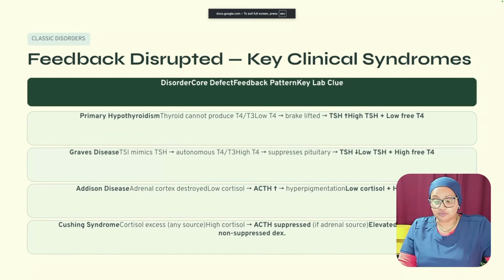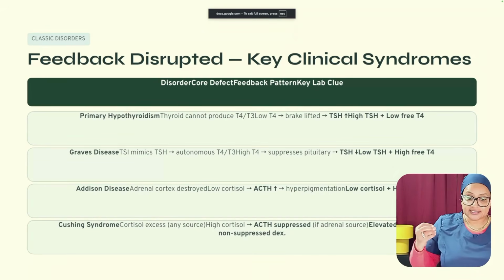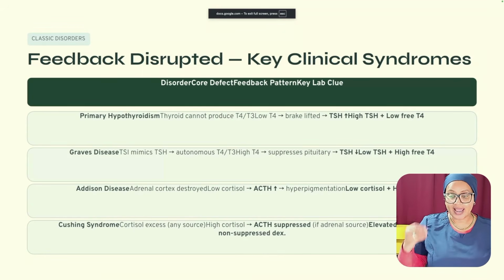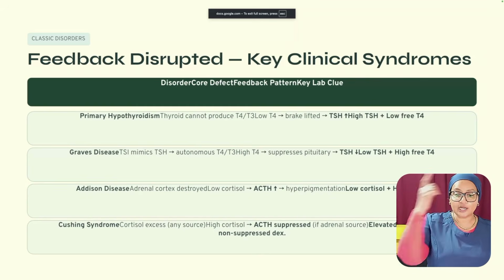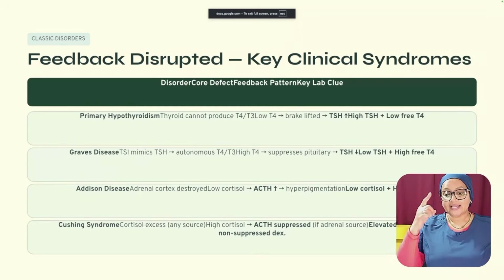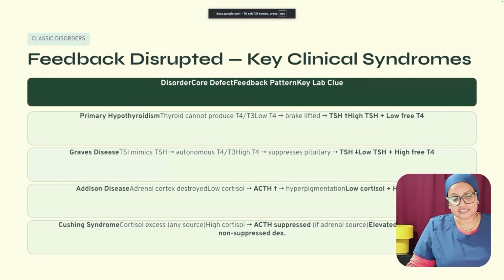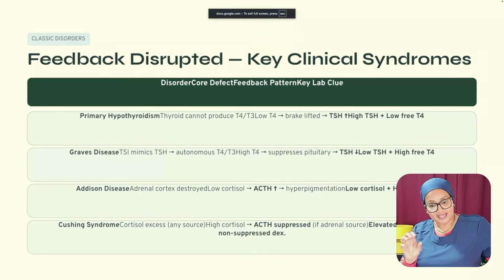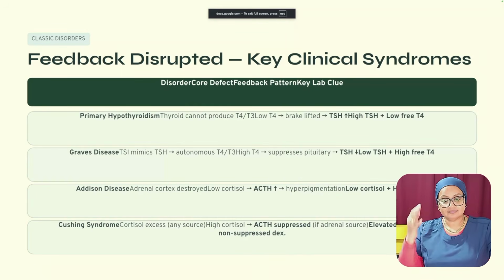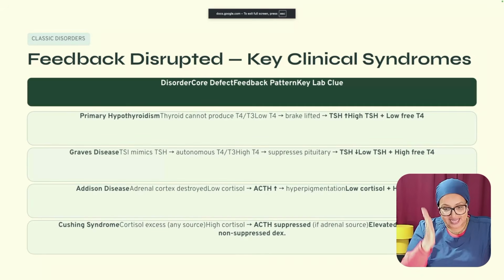Now, I can give you examples. Primary hypothyroidism, okay? The thyroid, which is the peripheral gland, is unable to produce enough thyroid hormones. Then the feedback loop will try to get more TRH and TSH to stimulate the gland, but the gland is unable to produce despite adequate stimulation from the higher glands.